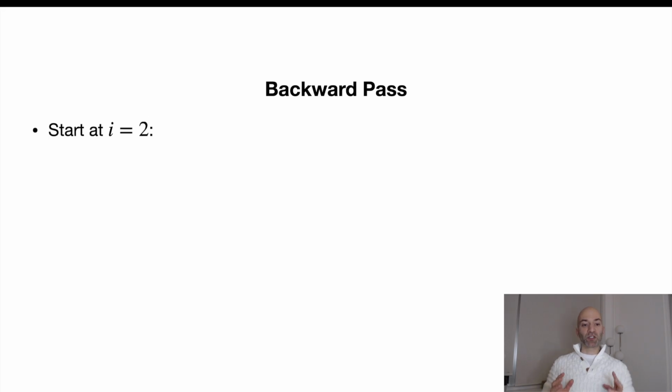Okay, so let's start at our output layer, i equals 2. We can start by computing the derivative of our loss with respect to z2. And the way we do that is by making use of the chain rule of calculus. So we can expand out this derivative to be a product of two other derivatives. The first being that of the loss with respect to our predicted values, and the second being of our activation function with respect to z2. Now you might notice some notation here.